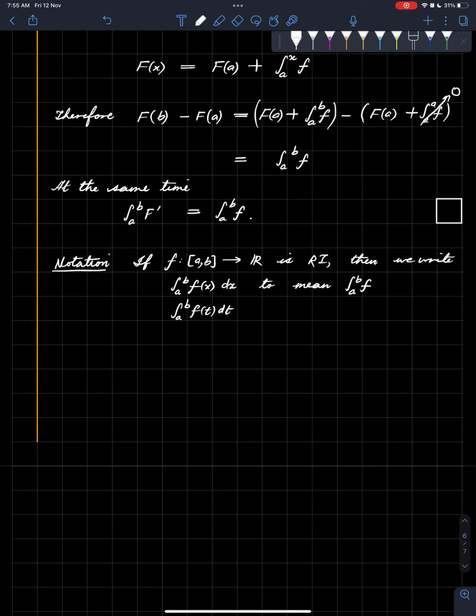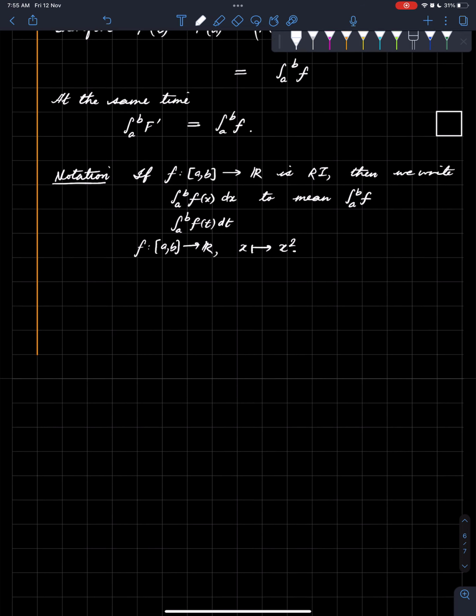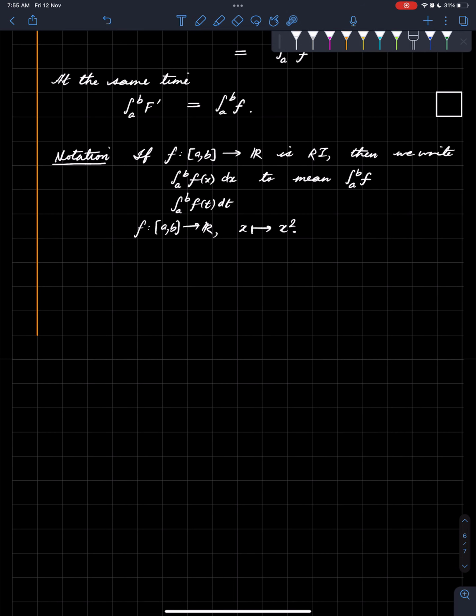This is useful because suppose I have this function. Suppose I have this a comma b to R, which takes, let's say, x to x square. So suppose I wanted to integrate that guy. Instead of introducing this whole notation and saying, okay, you take the integral of f, what I can do is just write down integral a comma b x square dx, just like we used to write in high school.